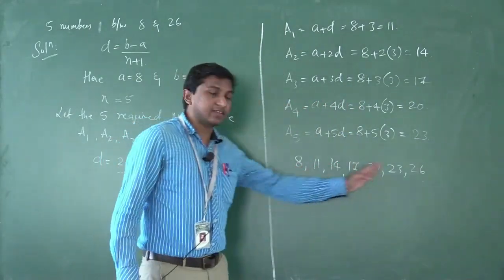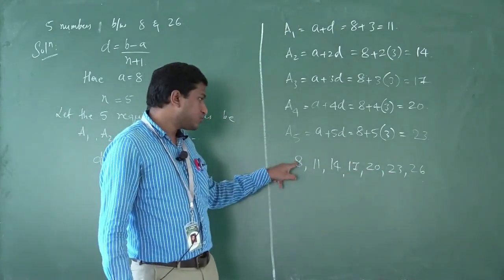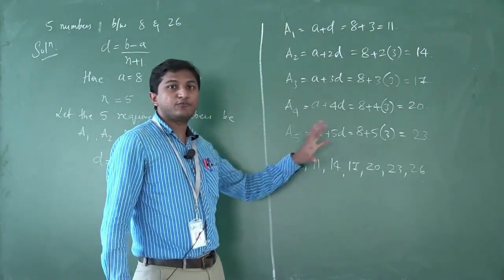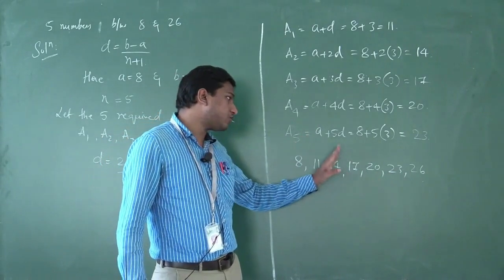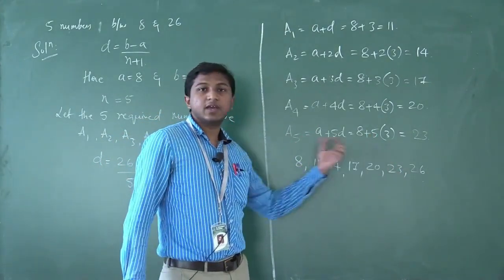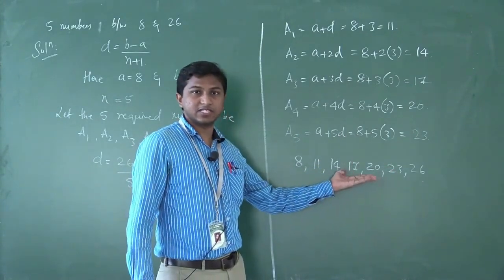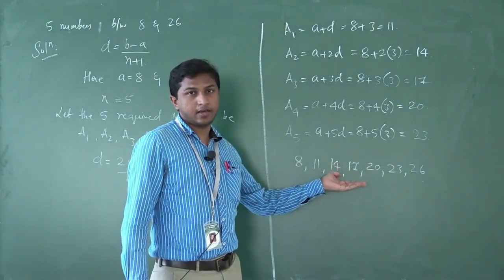You can see that this sequence is an AP. So we have inserted 5 numbers 11, 14, 17, 20 and 23 in between 8 and 26, and the resulting sequence is an AP.